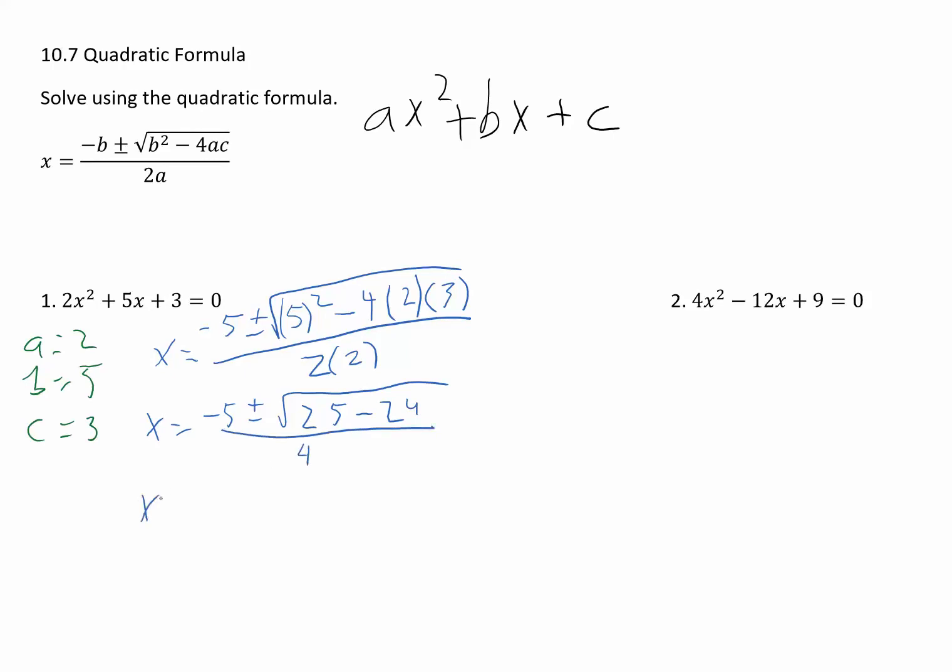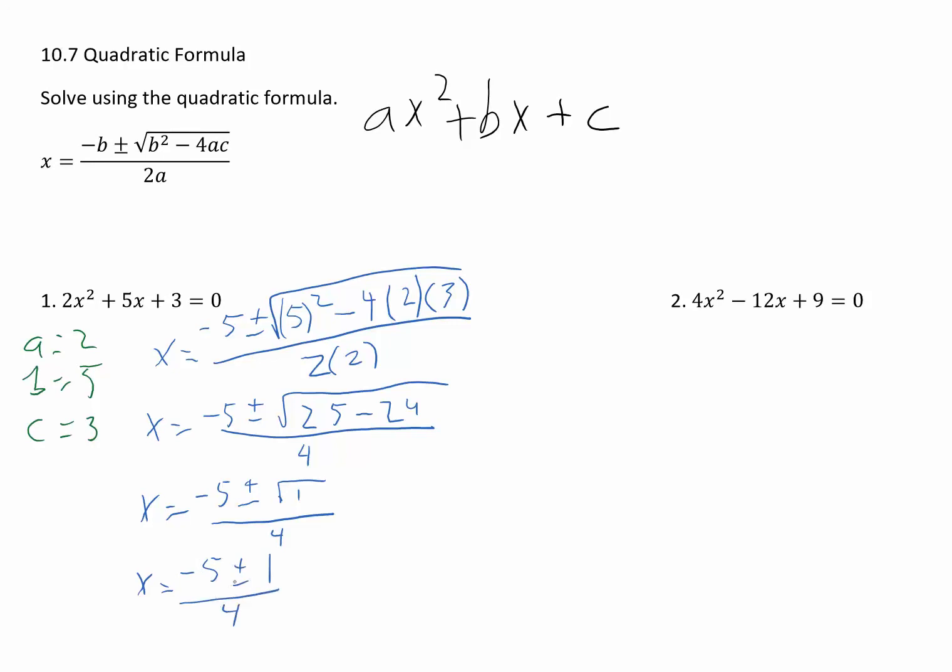So then we have to simplify again because I can simplify what is underneath the radical. So I have negative 5 plus or minus the square root. 25 minus 24 is going to leave us with the square root of 1 over 4. Okay, and I can take the square root of 1. 1 is going to give me 1. So I get negative 5 plus or minus 1 over 4.